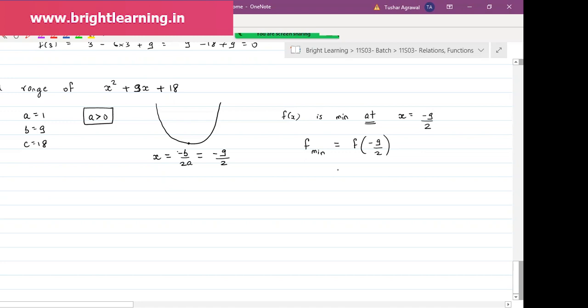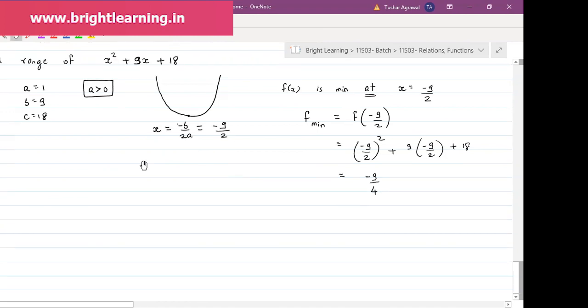Just substitute minus 9/2 in that expression: x square, that is minus 9 upon 2 whole square, plus 9 into minus 9/2 plus 18. Do the necessary calculations, and I think the answer will come out to be minus 9 upon 4, if my calculations are not wrong.